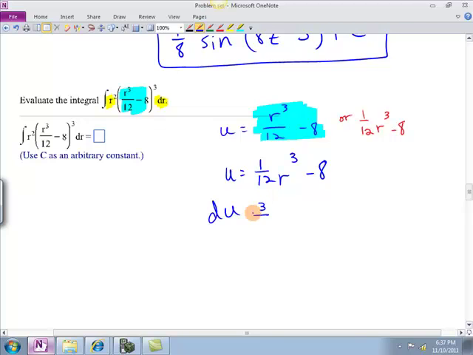I'll go ahead and write it as 3/12 r squared dr. Okay. Do we have an r squared dr, but we don't have this 3/12 or 1/4. So if I got to get rid of the 1/4, what's it going to become over here? 4. So 4 du is equal to r squared dr.